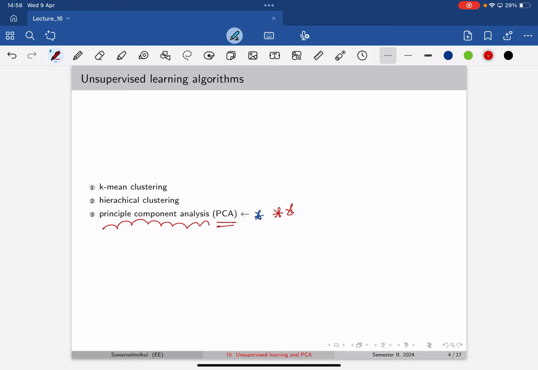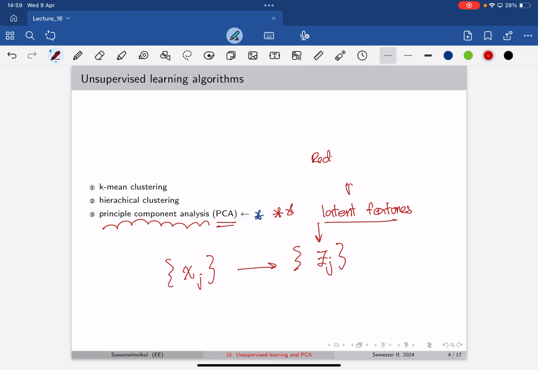And yes, as we mentioned before, if we originally have an input feature, we reduce the dimension into some latent feature, which is like a reduced feature dimension vector. Okay, we have this dimensionality reduction.